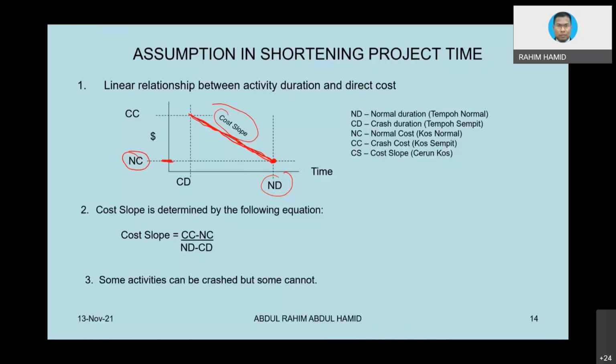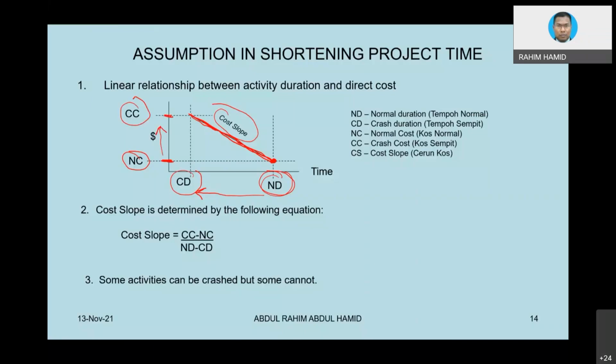But then if you want to compress, let's say you totally compress until you cannot compress anymore, then that is what we call crash duration. And when you crash the duration of the project, for sure the cost will increase. And that cost, ultimately, we call crash cost.